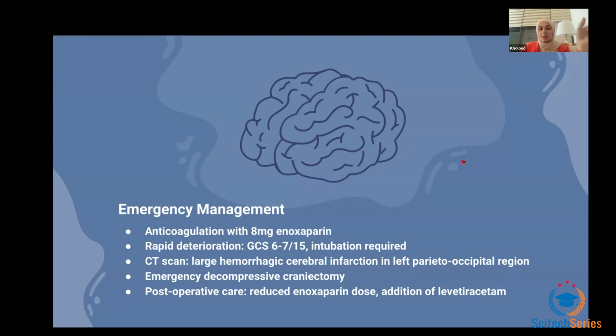We did a repeat CT scan after she was stabilized. It showed hemorrhagic cerebral infarction in the left parieto-occipital region, and that warranted the neurosurgeons to be involved. That's when they did an emergency decompressive craniotomy. And then after the operation, they reduced the enoxaparin dose, and they added an anti-epileptic as well.